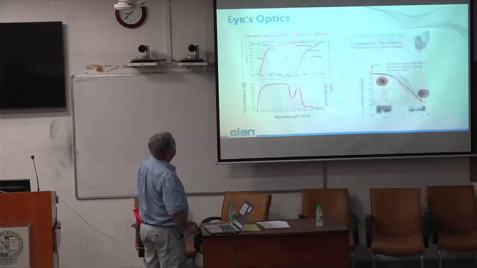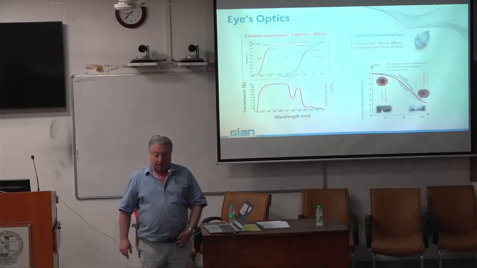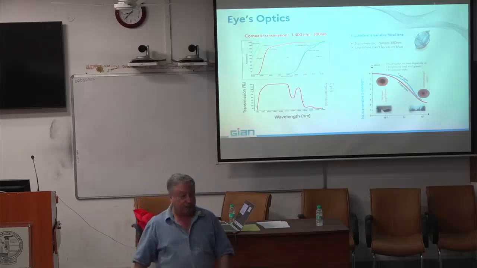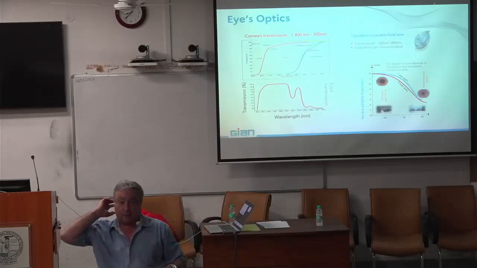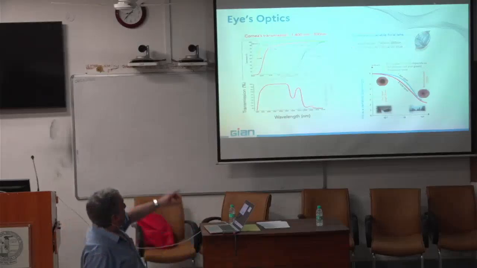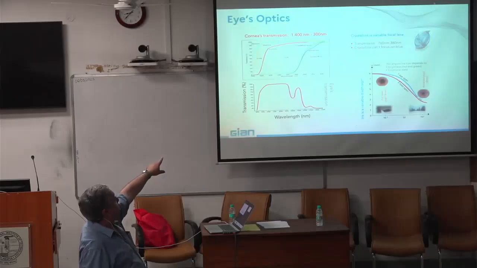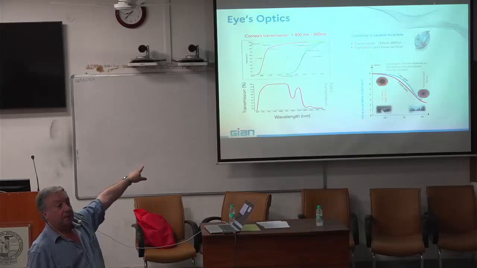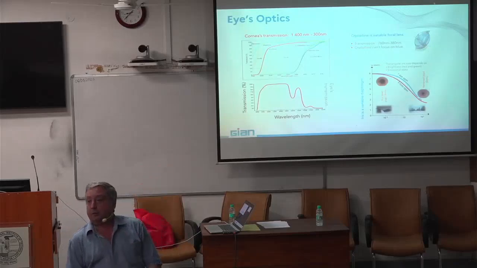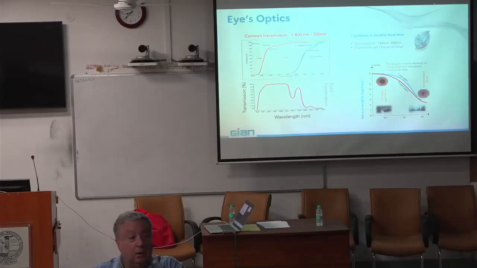Let's continue. A little bit more about the optics of our eye. The transparent part of the eye, called the cornea, has a transmission that goes from 1,400 nanometers, which is medium infrared, up to 300 nanometers. That means the transmission goes up to UVA.